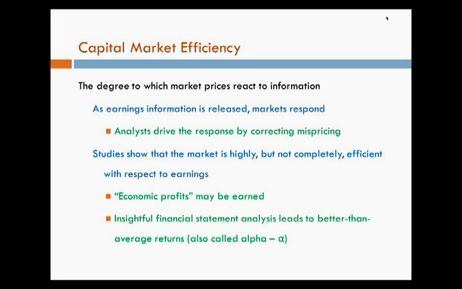We'll never get there, but we move in that direction. So earnings information is released by a company. The analysts scurry to understand what it means, and then there's a flurry of buying and selling based upon whether they met earnings estimates or didn't meet earnings estimates, etc. So what happens is the market fluctuates a lot right after earnings.